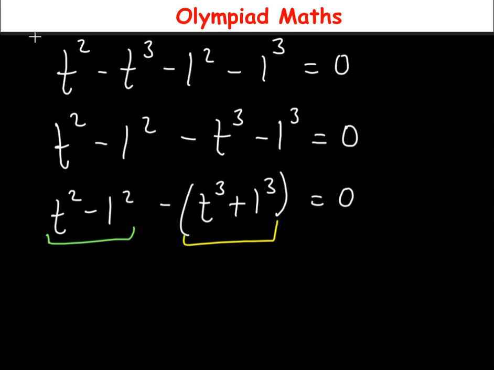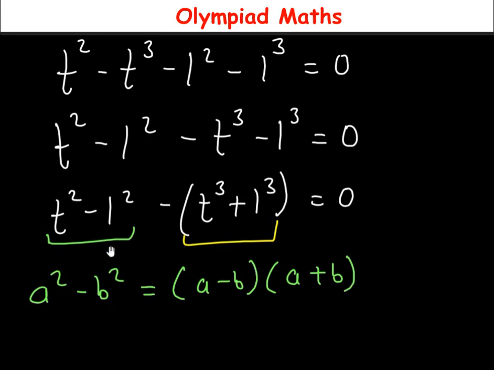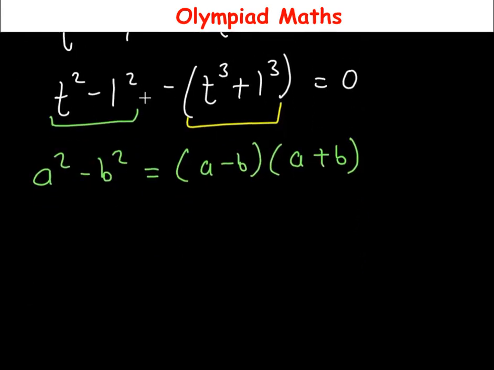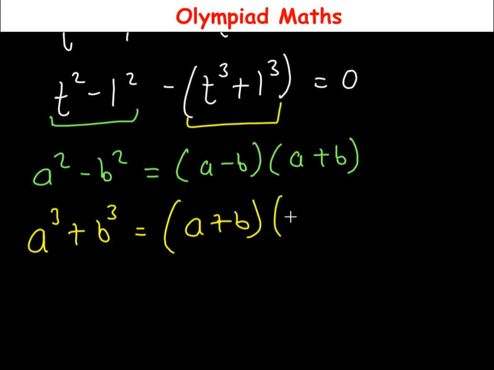So for the first one, which is the difference of 2 squares, if you have a squared minus b squared, this is equal to a minus b multiplied by a plus b. Okay, and for the second one, in which we have the sum of 2 cubes, if you have a cube plus b cube, this is equal to, in bracket, a plus b, then multiplied by a squared minus ab, then plus b squared.